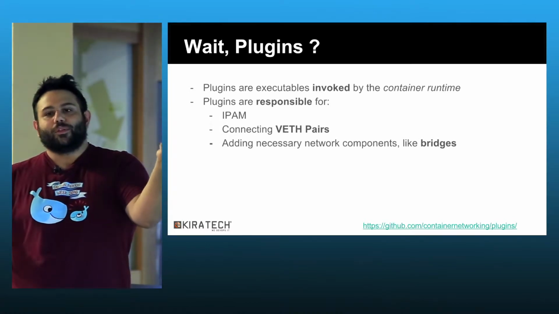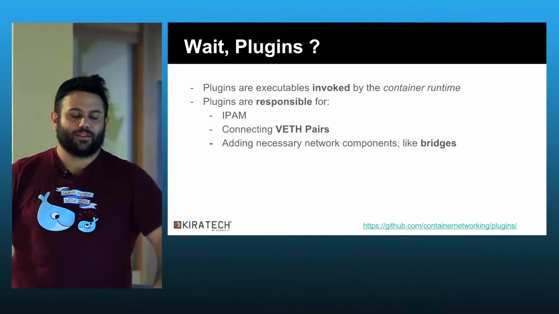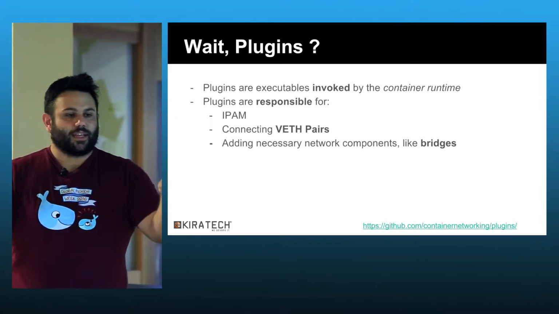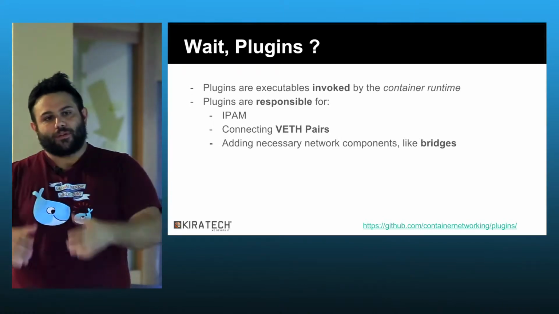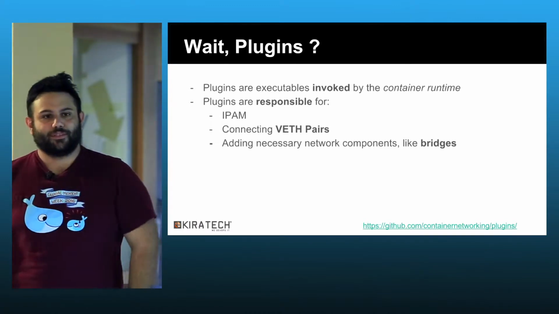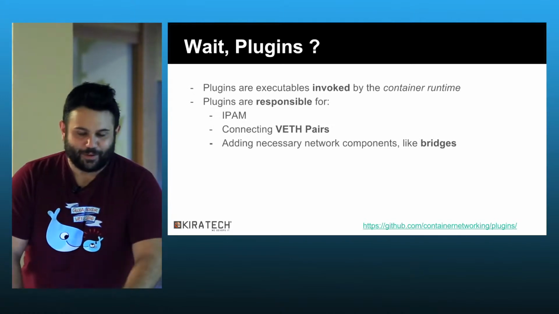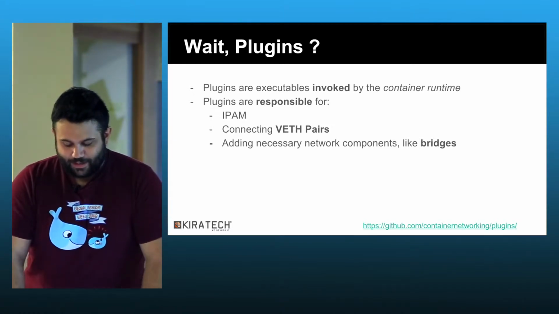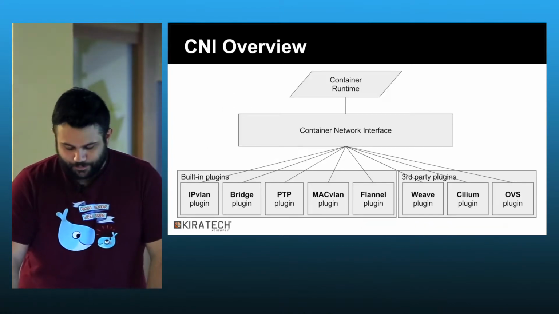If you want a cable between three endpoints, three taps, the technical term is tap for the pair, you need something to aggregate the communication. That's a bridge, or you could just break the cable and put things together. That doesn't work. And it adds necessary network components like bridges and all the things.